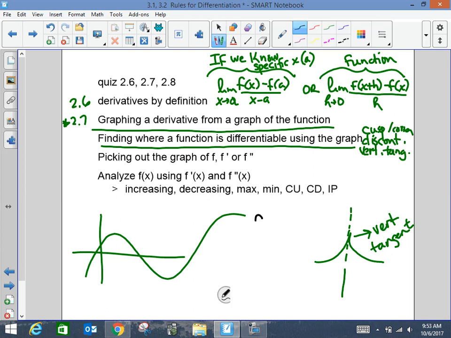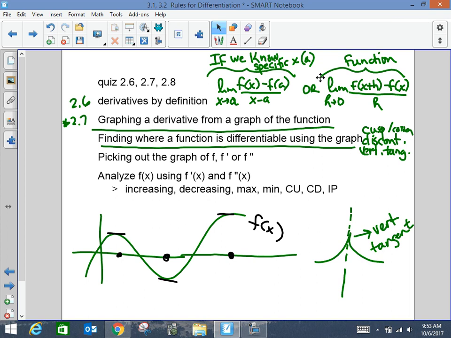Right, this is F. So for F prime, you'd say, all right, here's 0, here's 0, here's 0. Okay? And then you'd say, all right, this one's positive, this one's negative, this one's positive, and I'm done.